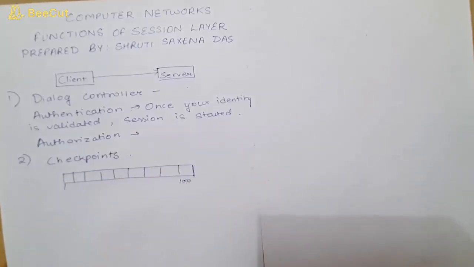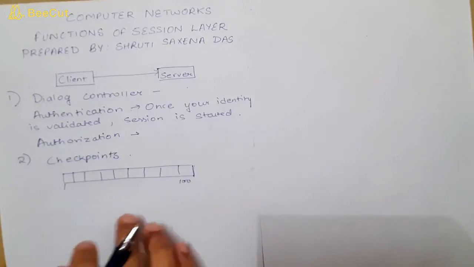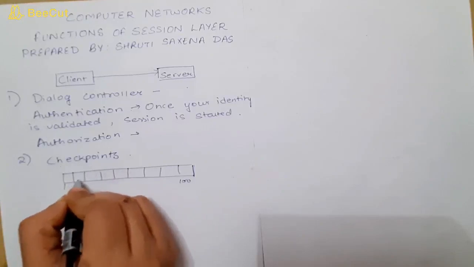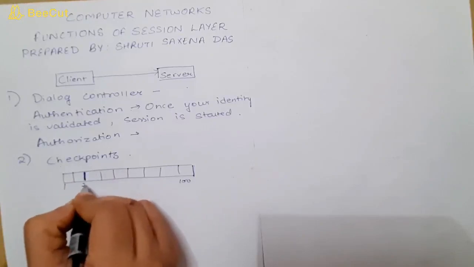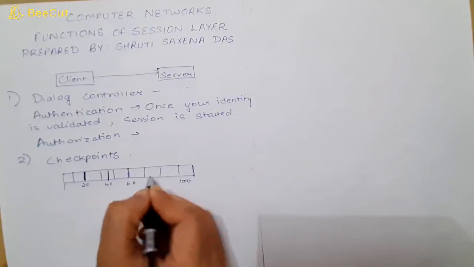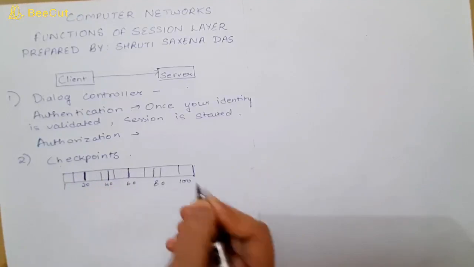In this case, we can apply a checkpoint after every 20 pages, so 20, 40, 60, 80, and 100.